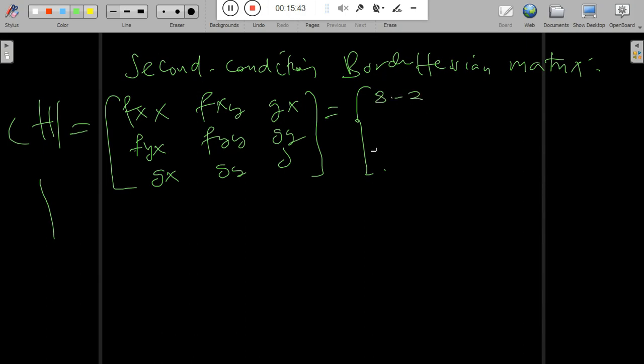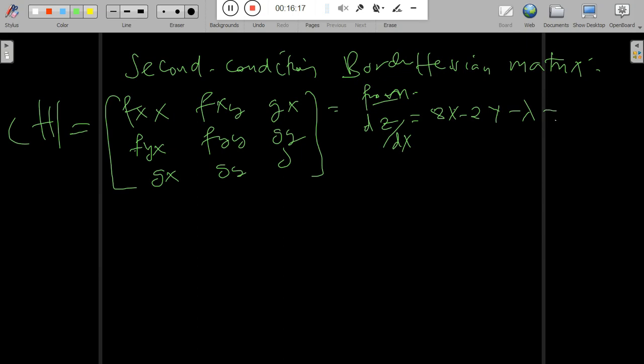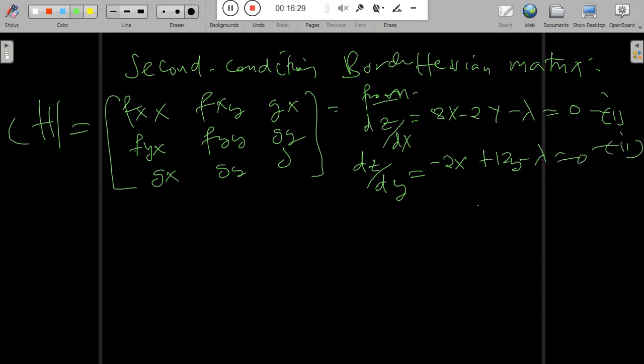So in respect to what we have obtained previously on the partial derivative, that is dz over dx, that is equal to 8x minus 2y minus lambda is equal to 0. dz over dy, that is negative 2x plus 12y minus lambda is equal to 0. And dz over d lambda, that is 72 minus x minus y, which is equal to 0.